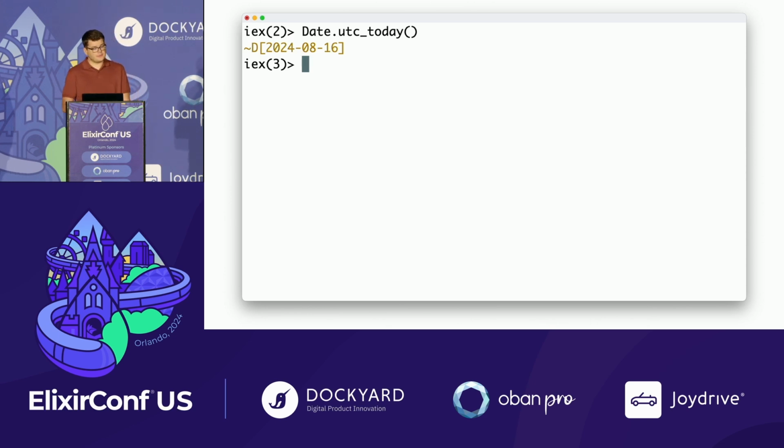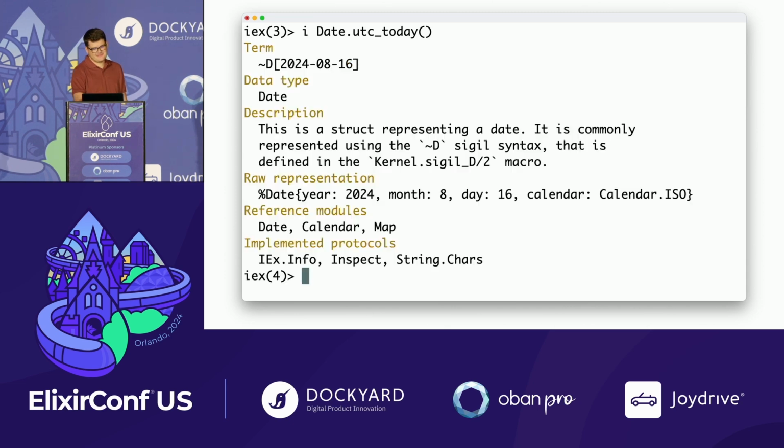And in this particular case, the way it is pretty printed is using the D sigil. So there's a mechanism in the language to build data really easily. I think this is quite a unique mix of things.